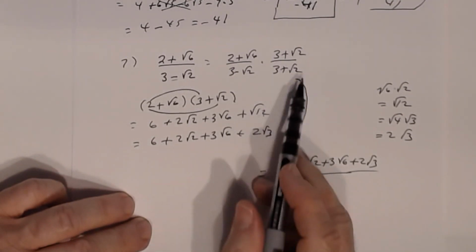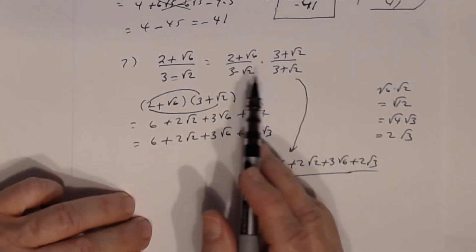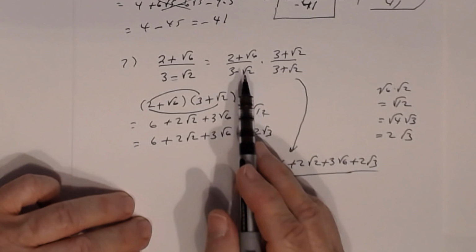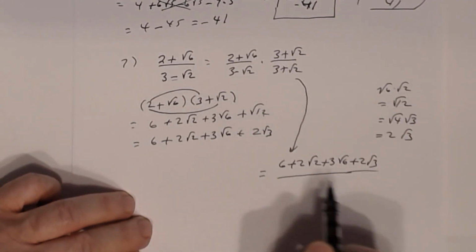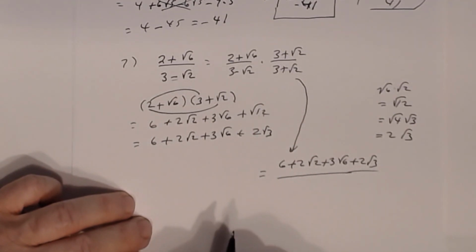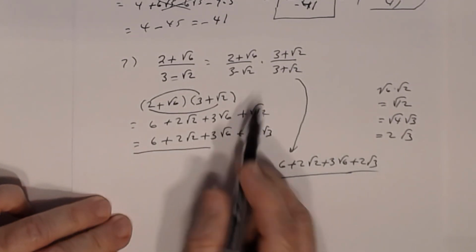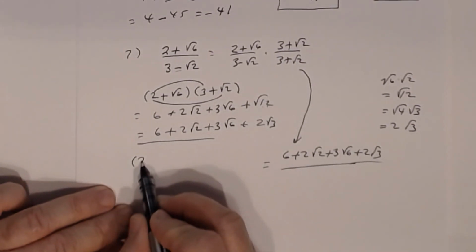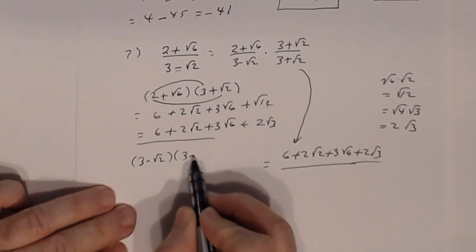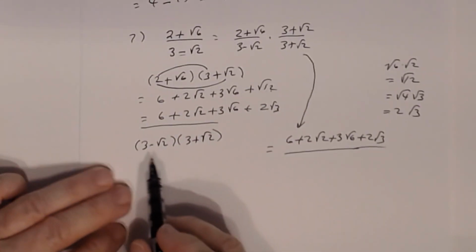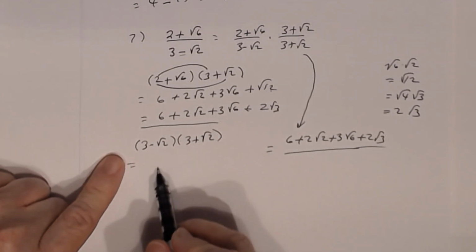Now the denominator, those are conjugates. So you know when you multiply these, since those are conjugates, you're going to get one number down here. One term, and it's going to be a rational number. So let's go ahead and multiply that out. So you get 3 minus the square root of 2 times 3 plus the square root of 2. And so when you FOIL, 3 times 3 is 9.